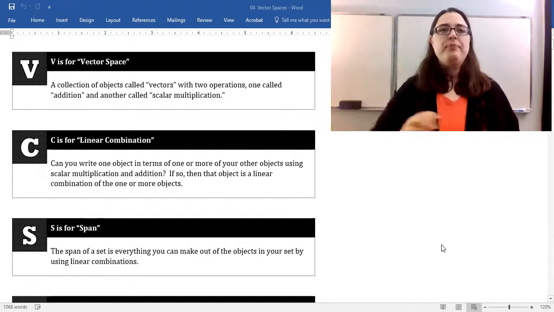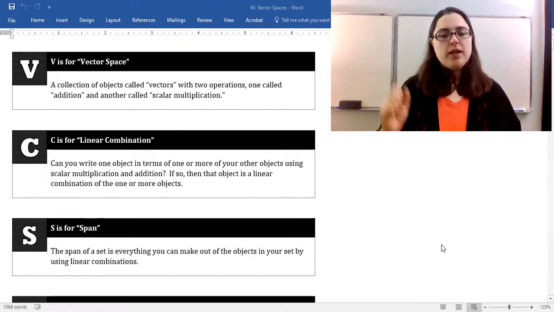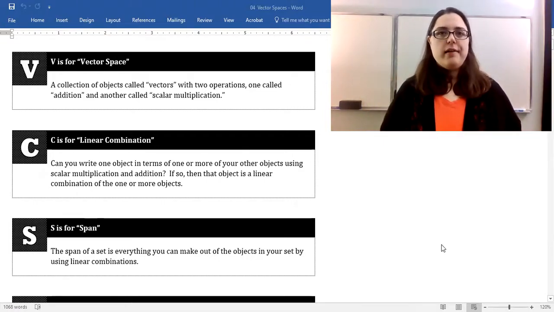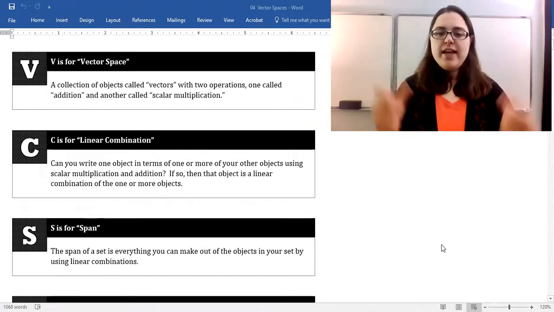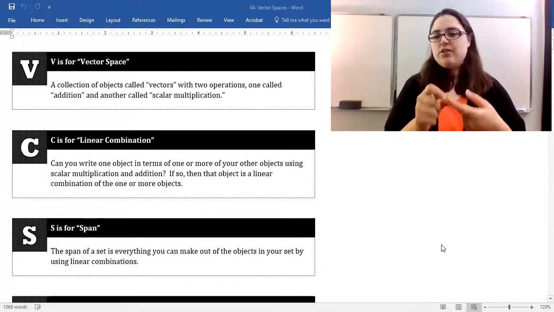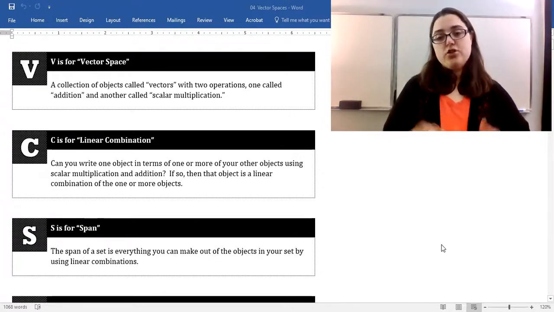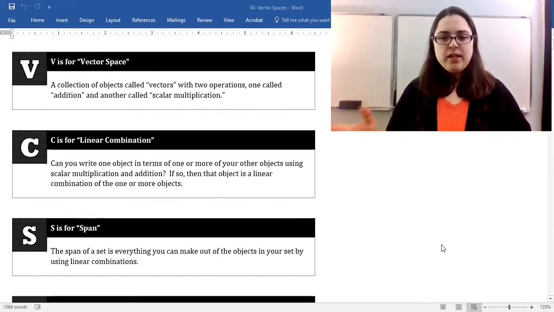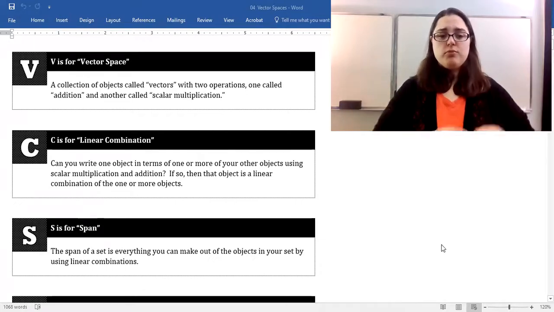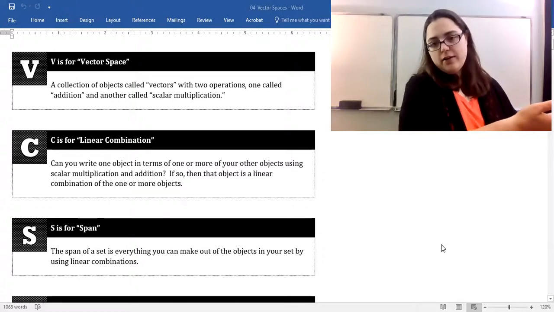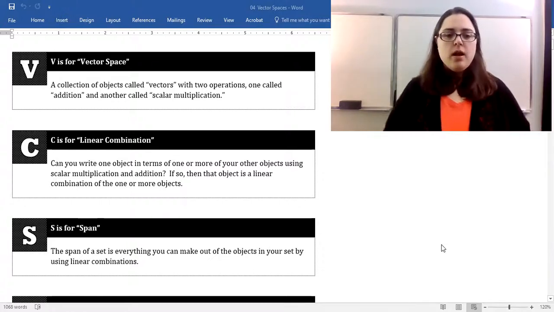I've got a 2x2 Lego brick, and I've got a 3x2 Lego brick. If I take those two, I can get a 2x5 Lego brick. So that 2x5 Lego brick is a linear combination of the 2x2 and the 2x3. If I have 2 objects, what object can I create out of them?